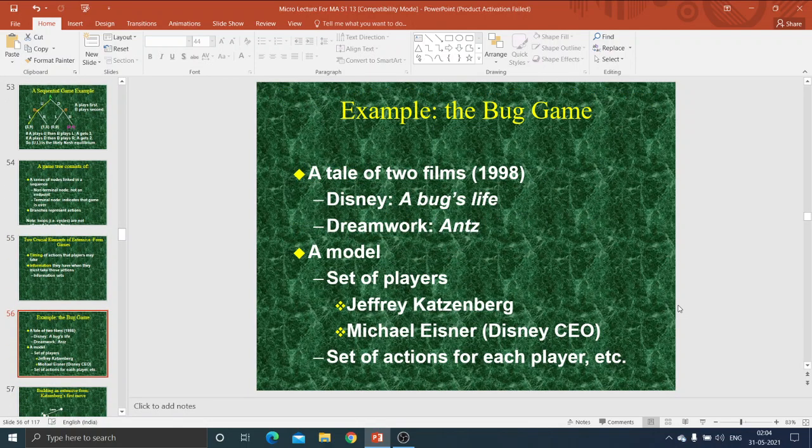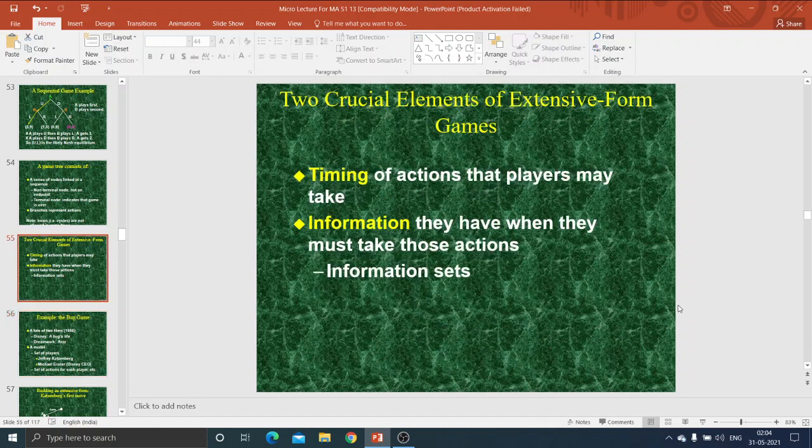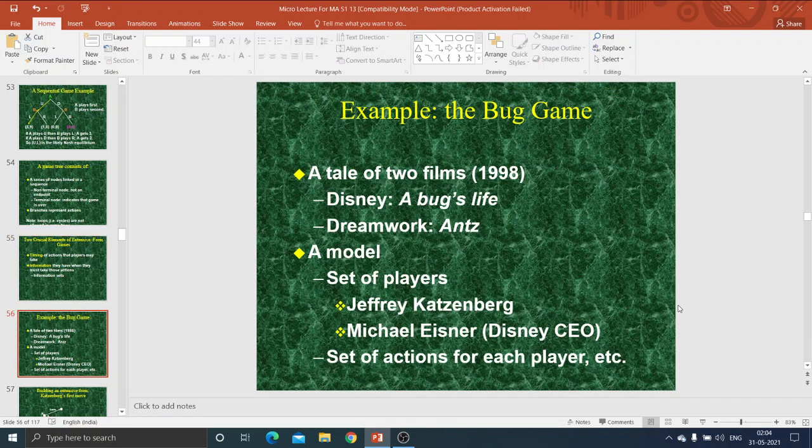Let us first talk about the timing, with a tale of two films, from 1998. Disney has A Bug's Life, DreamWorks has Antz. Now, a model: the set of players, Jeffrey Katzenberg and Michael Eisner.